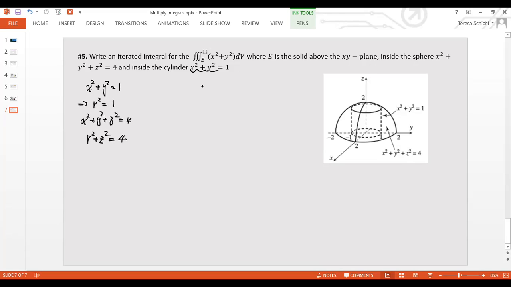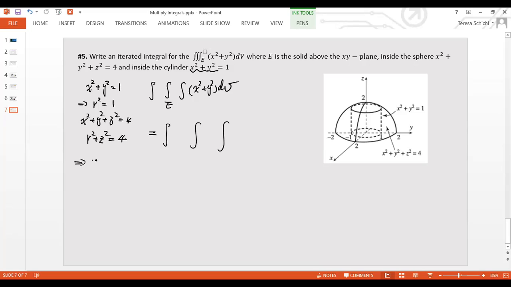All right, so let's see how we change here. This is x squared plus y squared dV, see here, right? And in the E here. Now let's try to do that. Let's take a look. I want to integrate z.